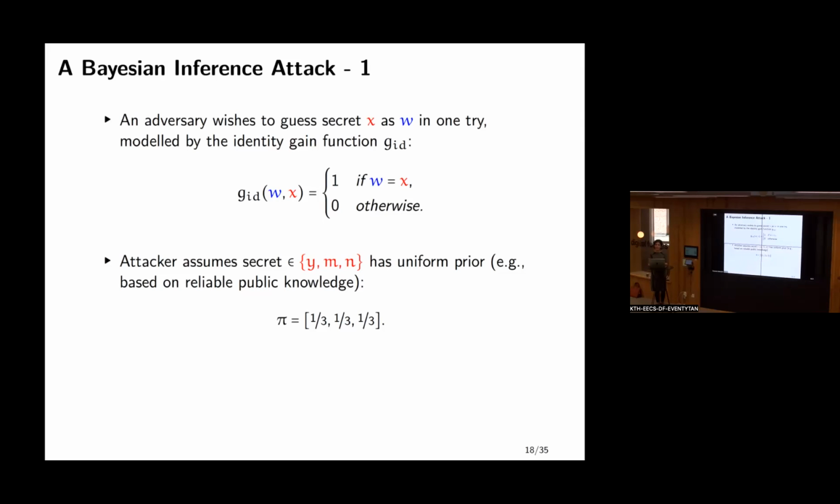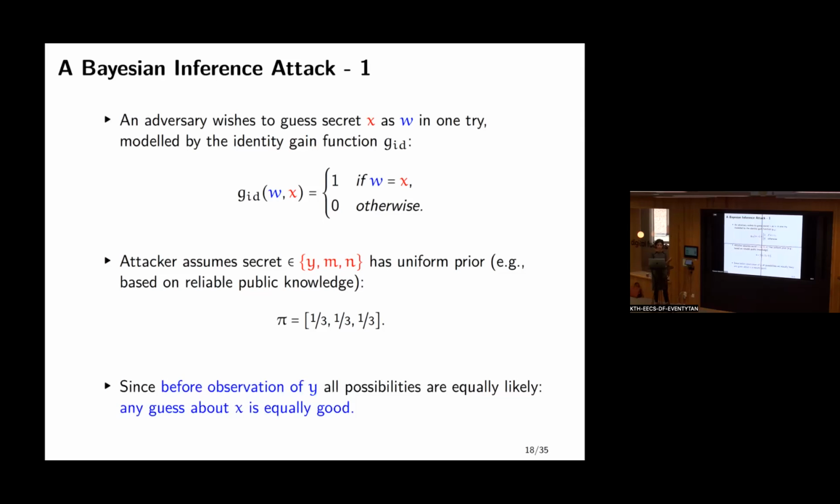If the gain is only about correctly guessing, but the distribution is equally likely, any guess is as good as any other. So before observing Y, if you don't have anything other than the prior distribution, you might as well toss a three-way coin and decide which one is the actual secret.